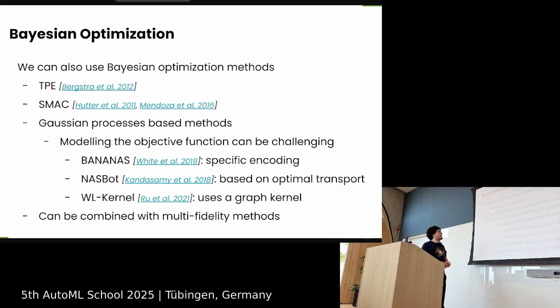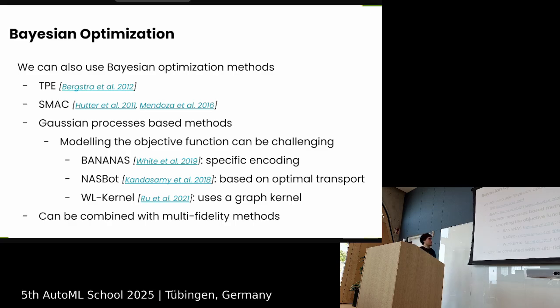Yeah, SMAC I already mentioned, so then we can also run Gaussian process-based methods, but here we need to be a bit more innovative in terms of modeling the objective function, right? Because we have this high-dimensional discrete space, we can't just easily model this with a Matern kernel or RBF kernel. So we need to be a bit more clever in how to model the correlation between architectures. There are different approaches in the literature.